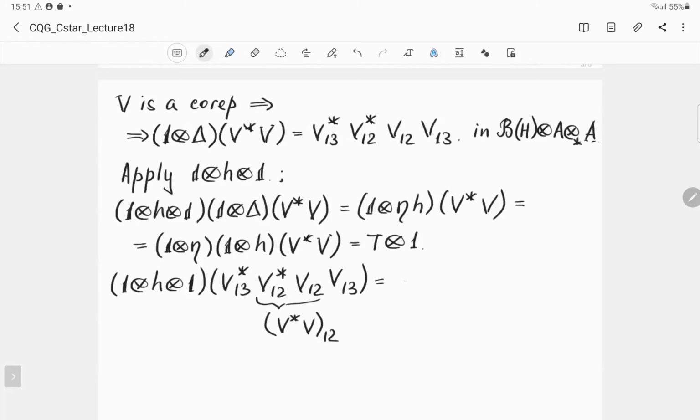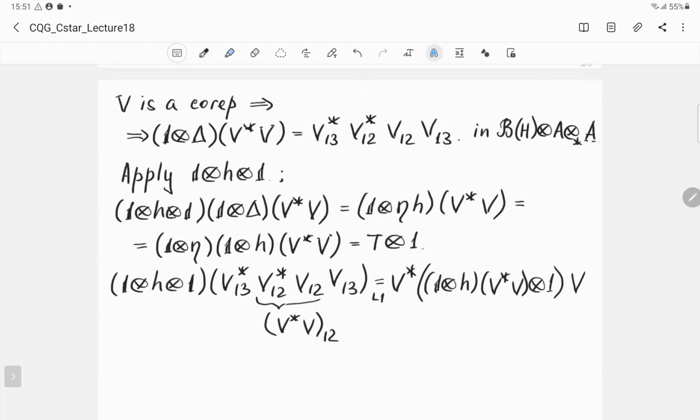So this is V star multiplied by 1 tensor H applied to V star V, tensored by 1 and multiplied by V. This follows from lemma 1.